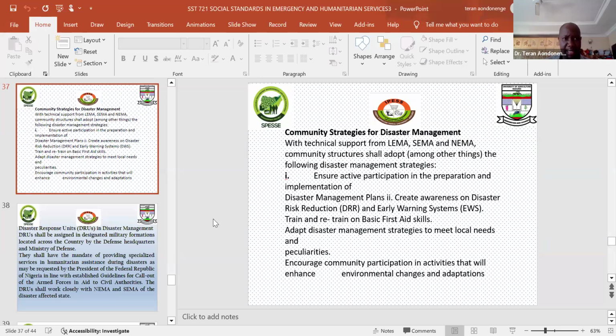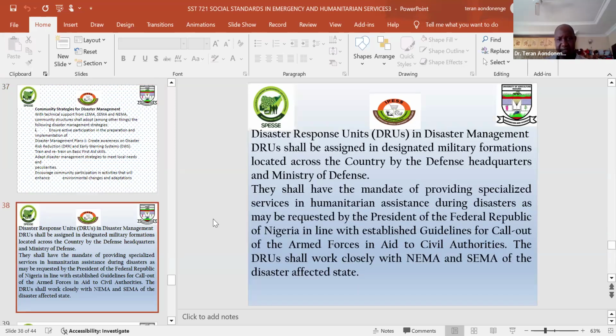Those strategies have to do with technical support from LEMA, from SEMA, from NEMA, ensuring active participation in preparations and implementation of disaster management plans, creating awareness on disaster risks, early warning systems, training and retraining of basic first aid skills, adopting disaster management strategy to meet local needs and peculiarities, and encouraging community participation in activities that will enhance environmental interchanges.